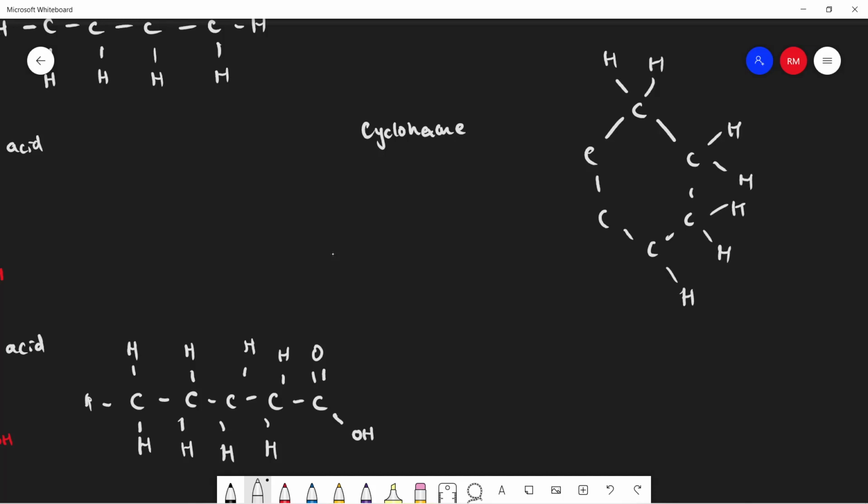And this way of drawing the skeletal formula of cyclohexane is so much easier than drawing the displayed formula. So just go ahead and draw the skeletal formula of cyclohexane. We'll see what we have in a couple of seconds here.